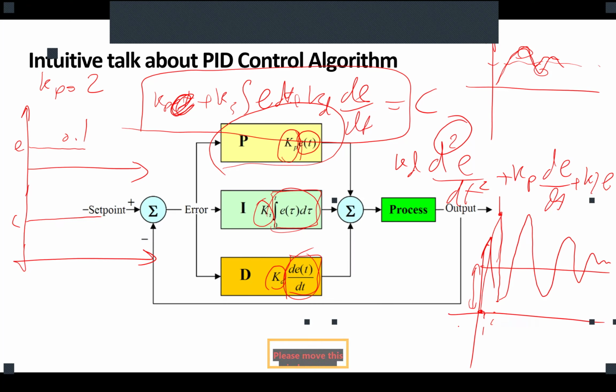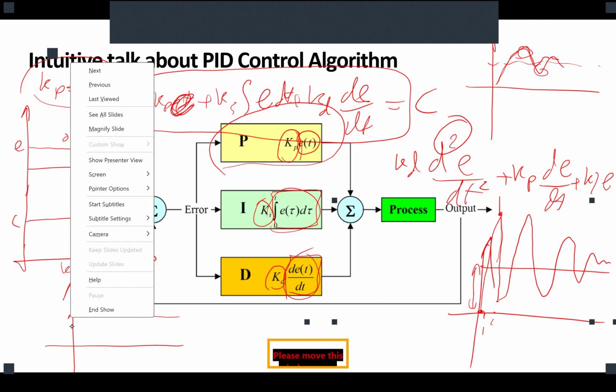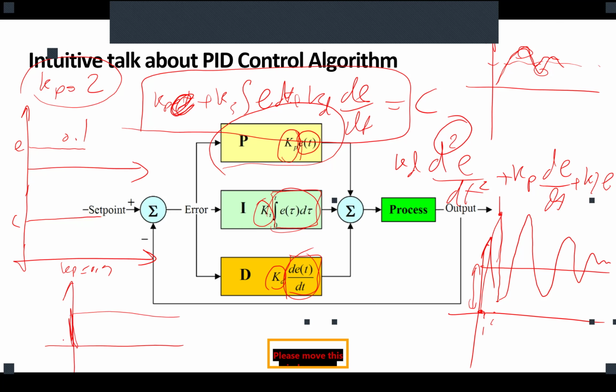Now, if I put a value lower than 1, for example, a KP equal to half, and this is our set point, then what's going to happen? This is my error at time 0, correct? What is going to be the value for time 1?